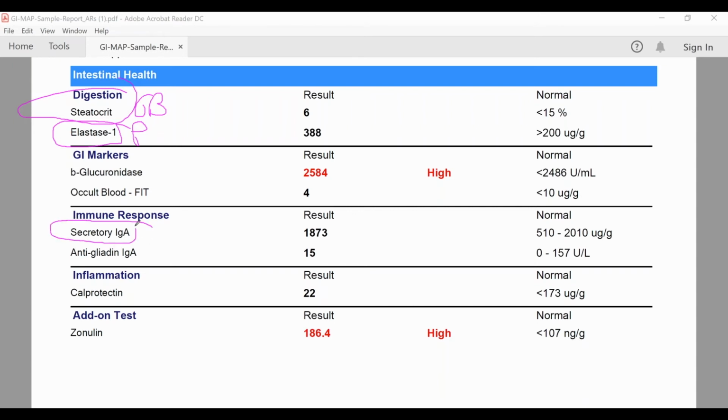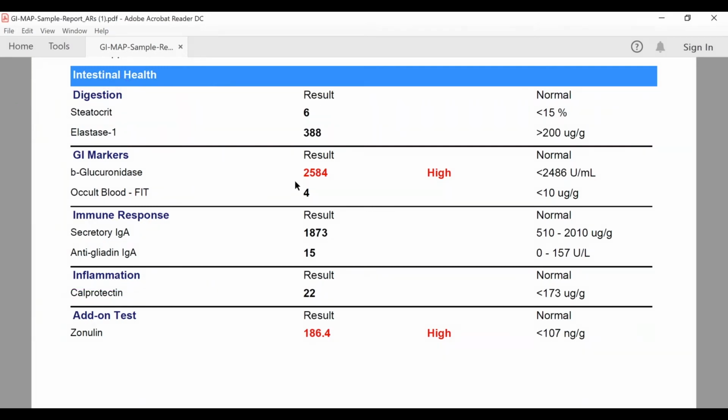If secretory IgA, calprotectin, or zonulin are abnormal, then you've got an intestinal lining inflammatory/immune problem going on. So you can tell right away how the organs are involved. Gallbladder, yes or no. Pancreas, yes or no. Intestinal tract lining, yes or no. It's right there on the test.